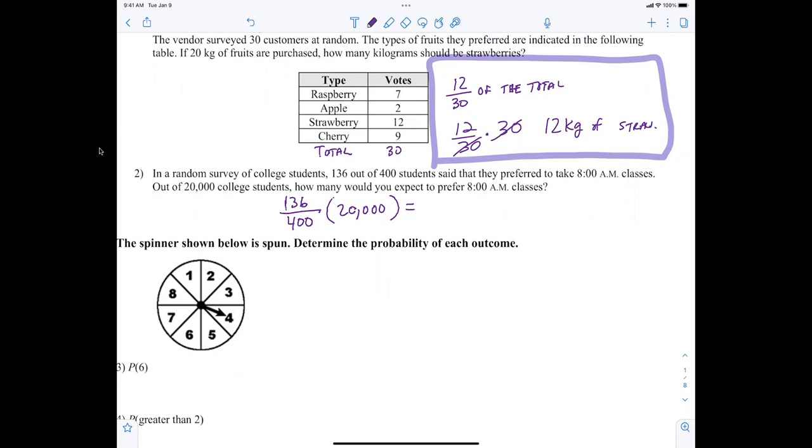So now we're just doing 136 over 400 times 20,000. And what did that come out to be? 6,800 students. That would be an approximation.